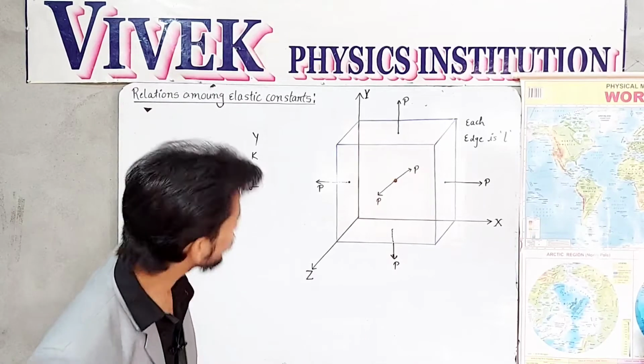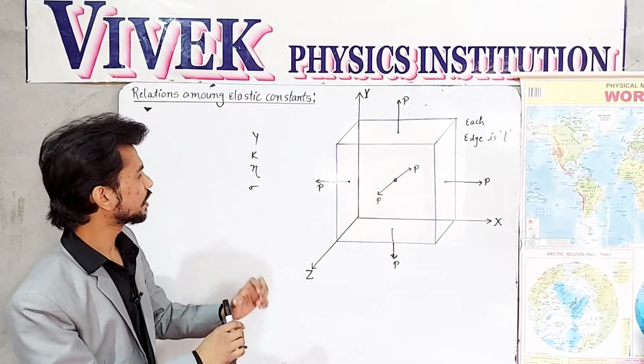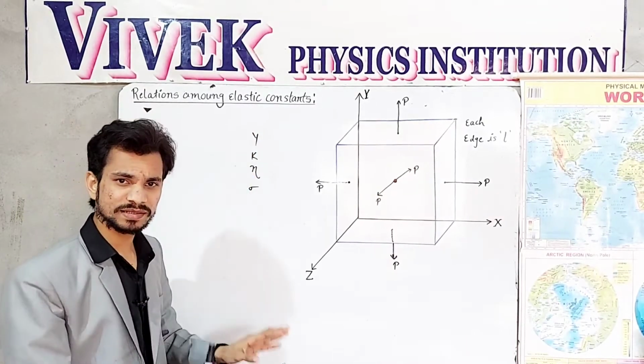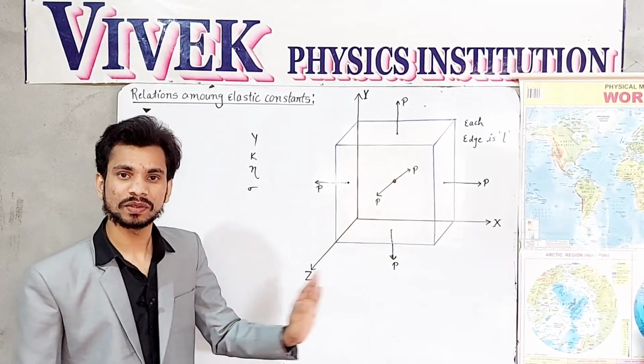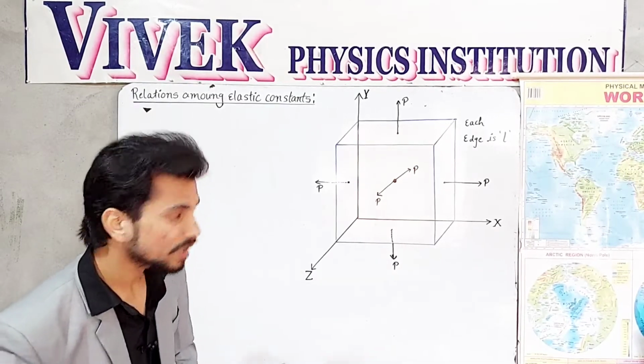In this video we are going to characterize the relation among all these four constants in different ways, taking this cube into consideration. So let's start to derive the relation among them.